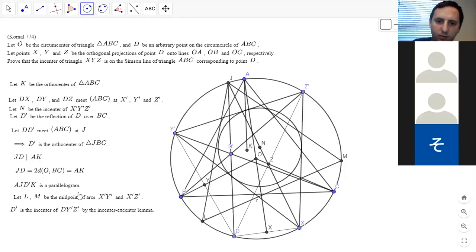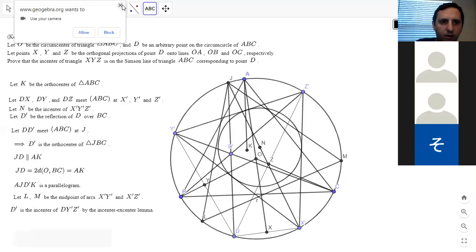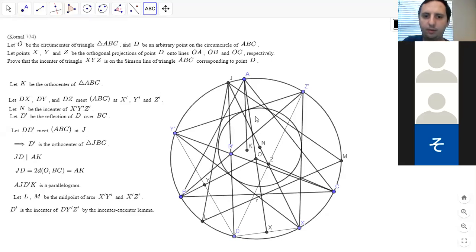But ultimately, whoops, sorry about that. We just want to show JLM is congruent. So we want to show that N is the orthocenter of JLM.